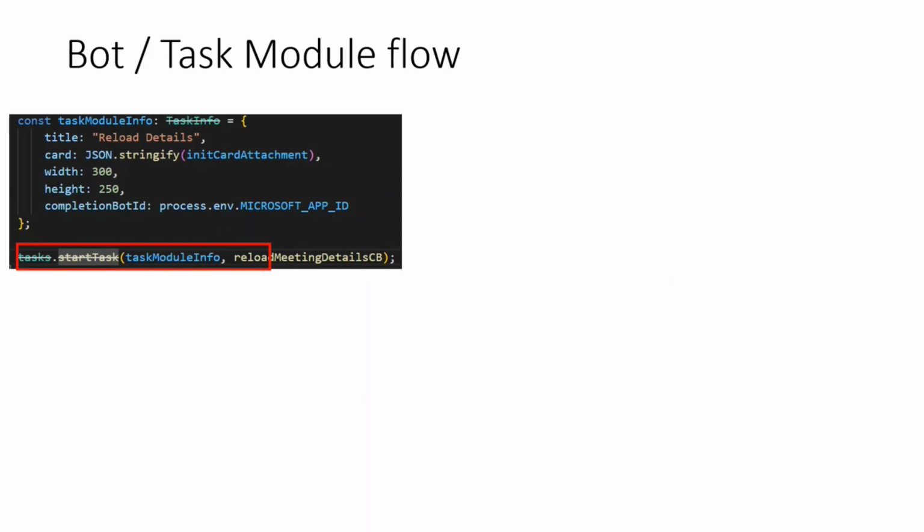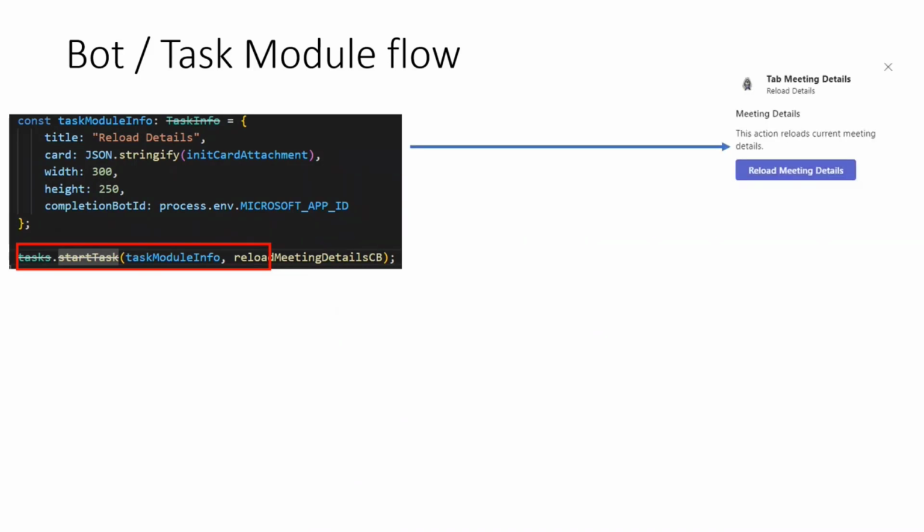It's not yet transformed to open dialog. For those who already are familiar with that, especially when you work with adaptive cards, that's what I'm doing here. So once the user presses the button, he gets this initial task module to initialize the bot conversation.